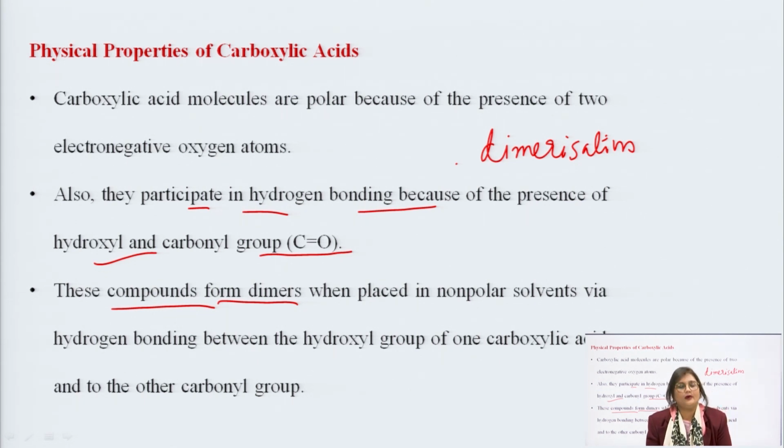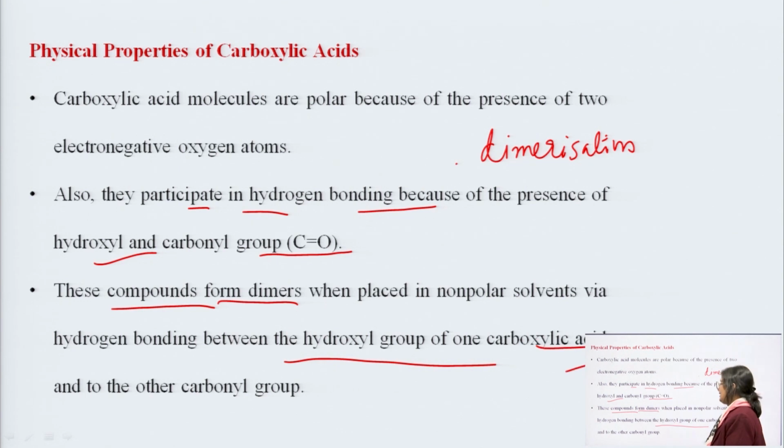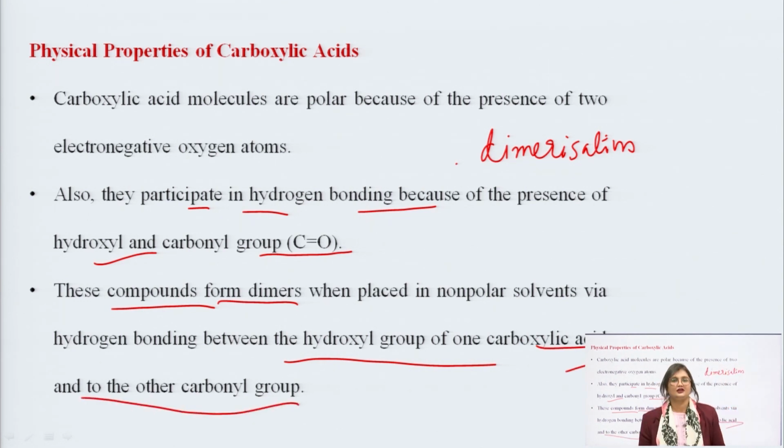This means when carboxylic acid is placed in a non-aqueous or non-polar solvent, dimers are formed via hydrogen bonding. This hydrogen bonding is between the hydroxyl group of one carboxylic acid and the carbonyl group of another carboxylic acid. So, dimers are formed.